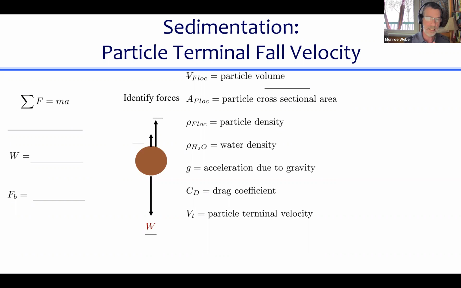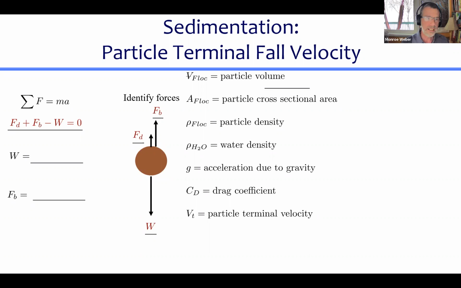There's its weight that's pulling it down. It's gravity acting on it. There's a buoyant force that's tending to pull it up. And there's a drag force that's tending to pull it up, assuming that this thing is moving down. And so those three forces have to sum to zero because it's not accelerating, okay?